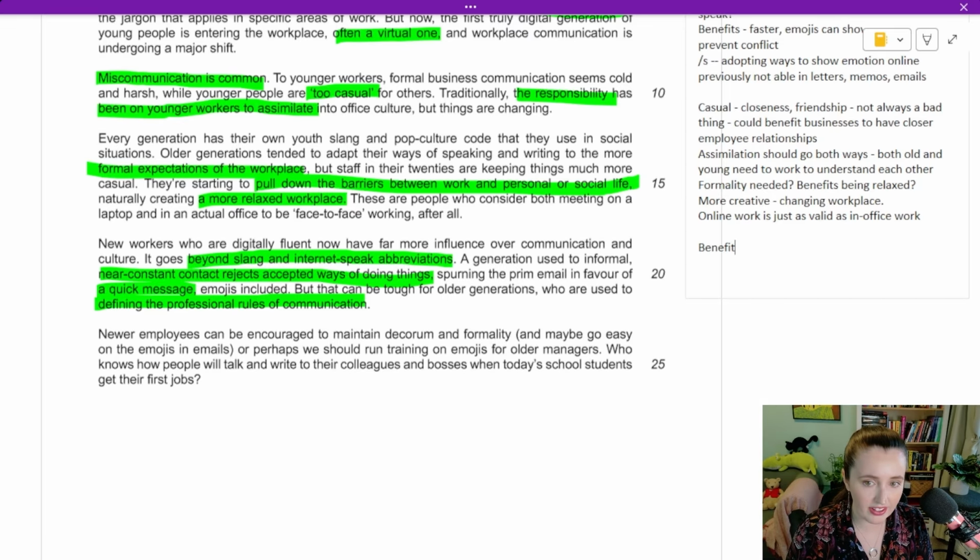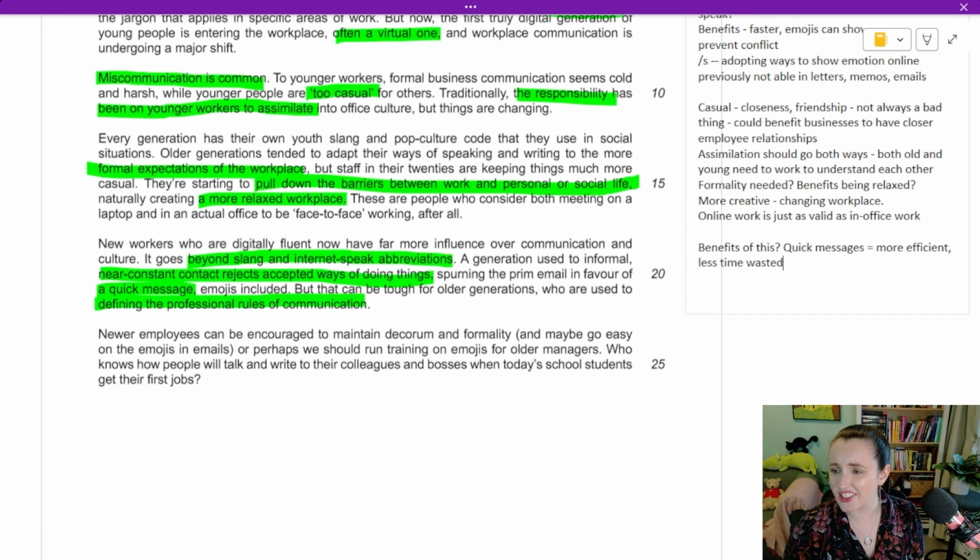So what are the benefits of this? Quick messages equal more efficient, less time wasted. And also it's because the technology's changed. It's not because young people are innately biologically more casual than older people.